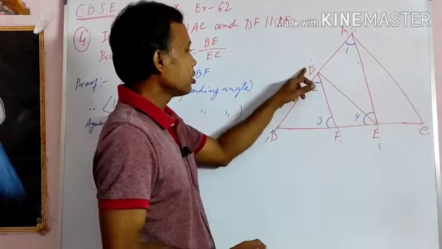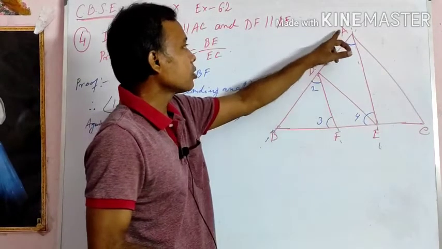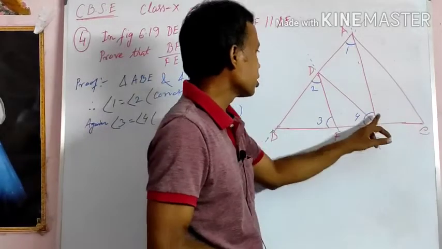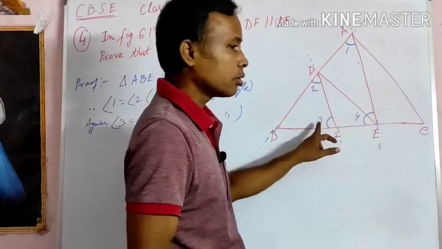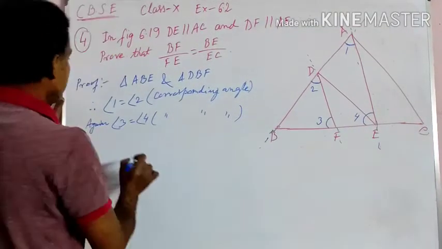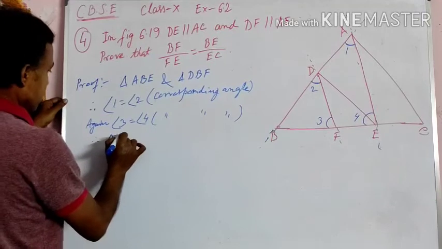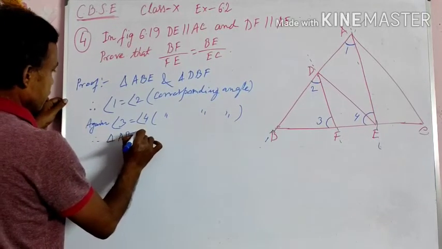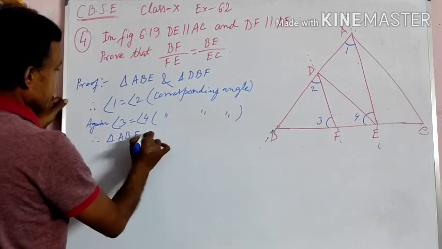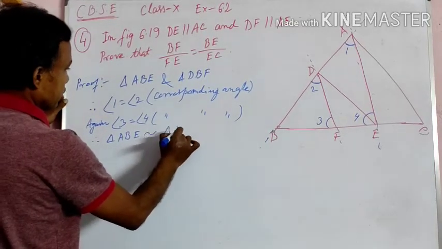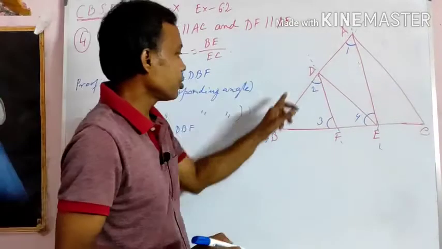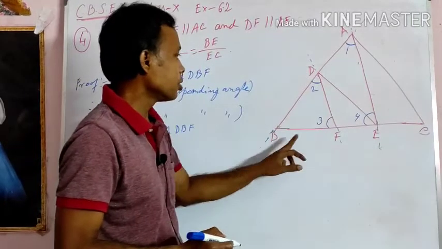Here DF is parallel to AE and BC is the transversal, therefore angle 4 is equal to angle 3 because they are corresponding angles. So triangle ABE is similar to triangle DBF.